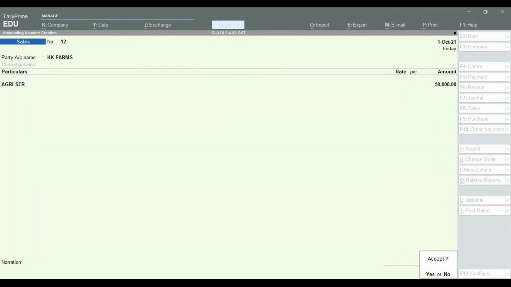That is very important. Making that a sales exempted is very important. When you do that as sales exempted, only then it will not apply under tax. It will come under exempted services.